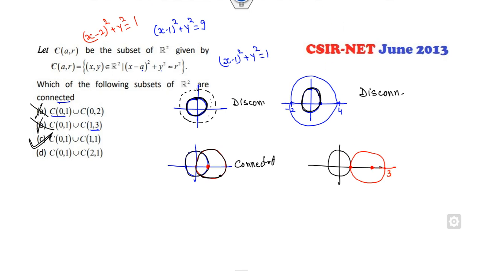Now, is it possible to start from this point? Is this point included? Yes, because this is equality. So you can go from this side, then from this, and then again from this. Yes, this is a connected set. So the right answers are C and D, which are connected.